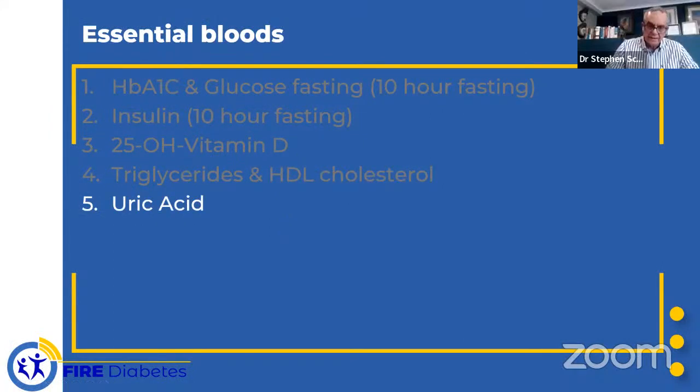Yes, your uric acid again. Uric acid is an acid that can crystallize in your joints and cause gout. Now, the old conception of gout is eating too much meat and drinking too much alcohol, and that might be so because it's a complicated subject. But there's certain things, especially fructose, which is the sweetness in everything that we eat.